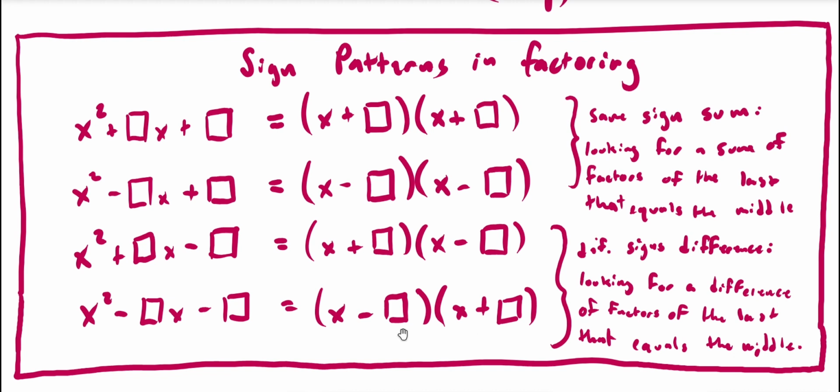And then FOILing has to give a minus in this position, which means this one must be a plus. In both of these two cases, we have different signs. Different signs, difference. We're looking for a difference of factors of the last, which give us the middle term, the middle coefficient. So these are your two big broad cases and the sign patterns that get you there.